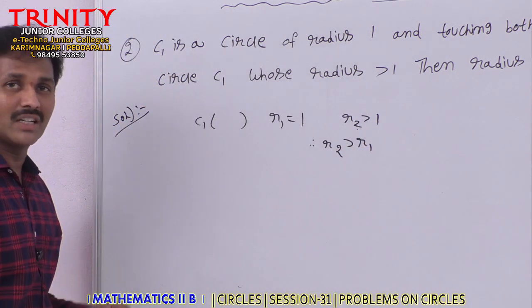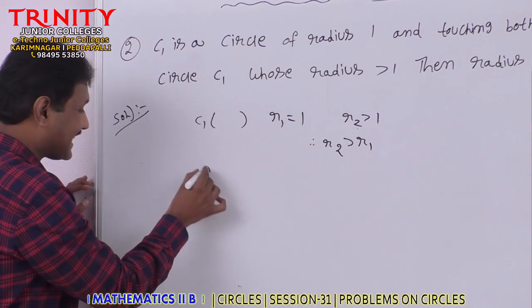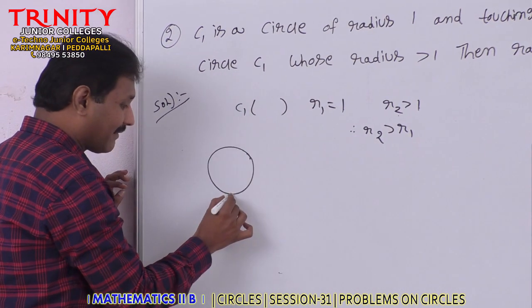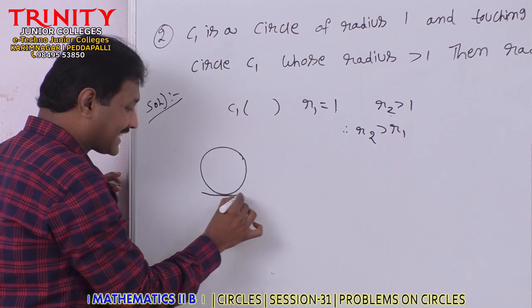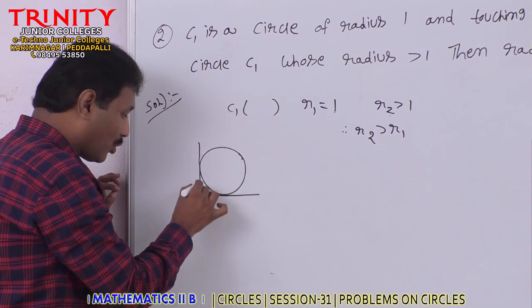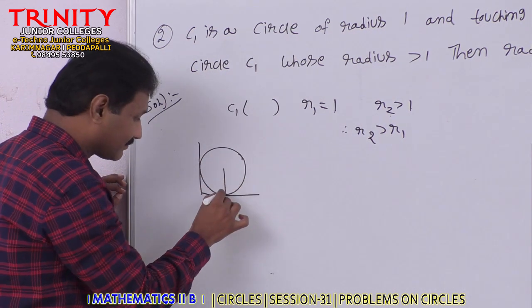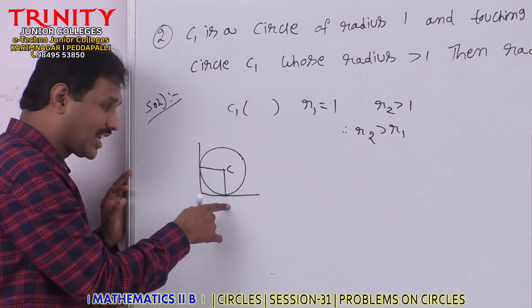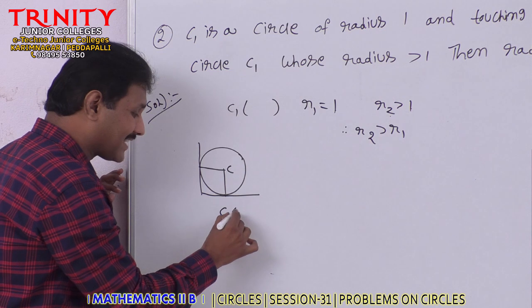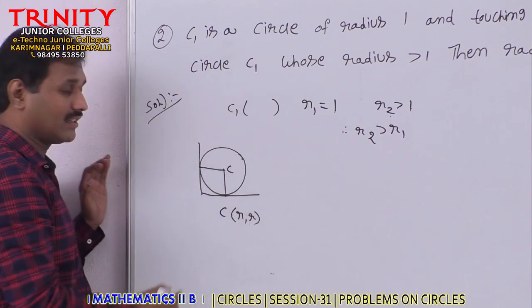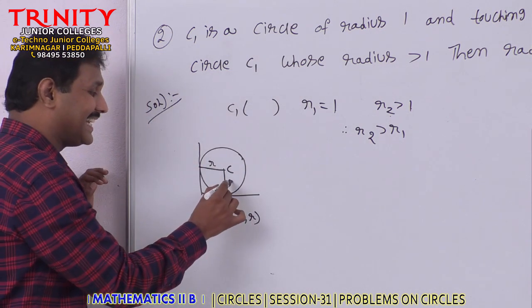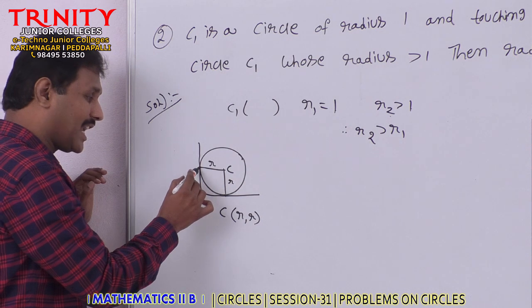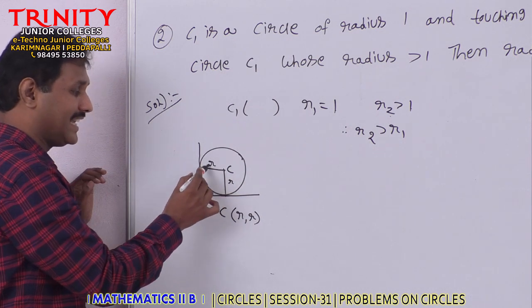In the previous concept, we know that any circle which touches both the coordinate axes has center (R, R), because the distance from any point on the circle to the center is the radius.